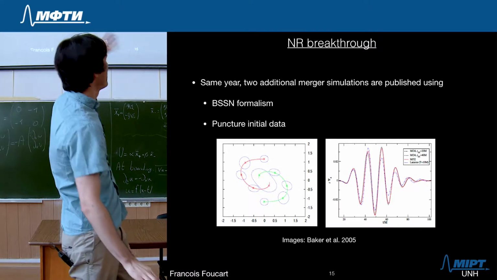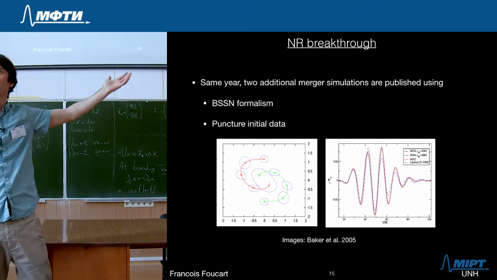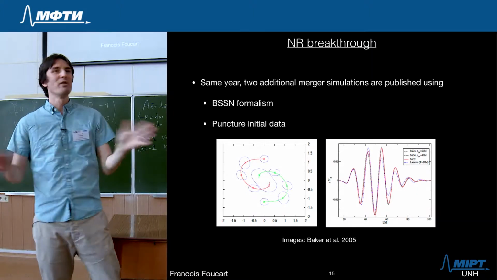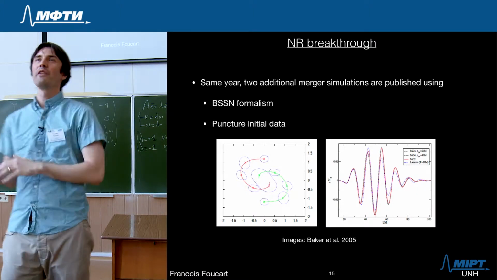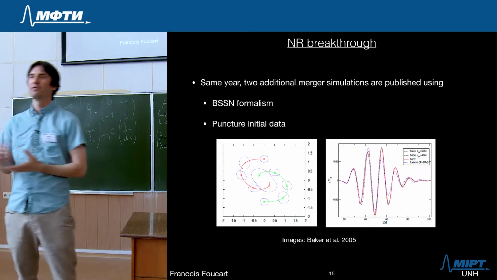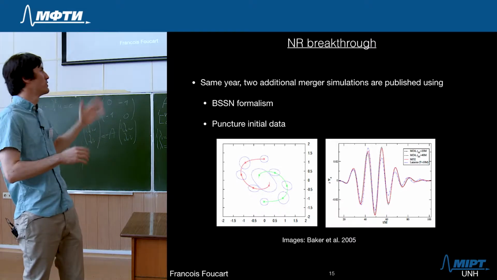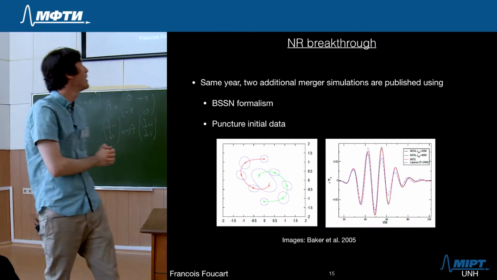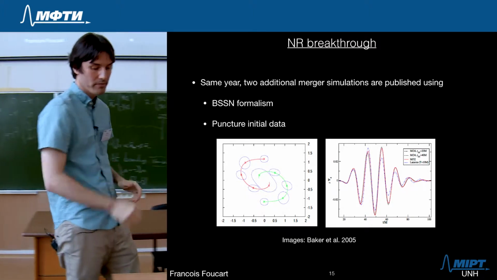And the gravitational wave signal still looks very much like this if you do a merger today with more advanced numerical methods. So from not being able to do mergers at all, within a few months, there were actually 3 numerical codes that were capable of doing these mergers. And this is mostly due to actually understanding all of these extra pieces that had to come to actually do merger simulations.